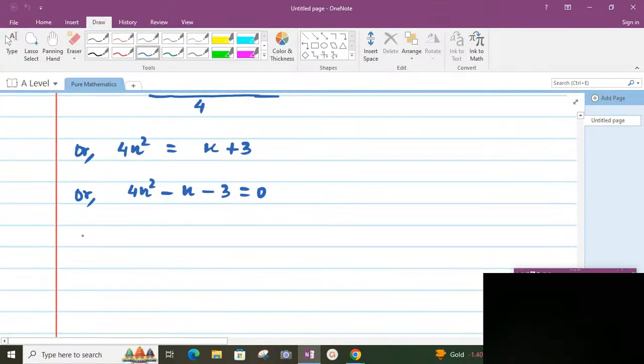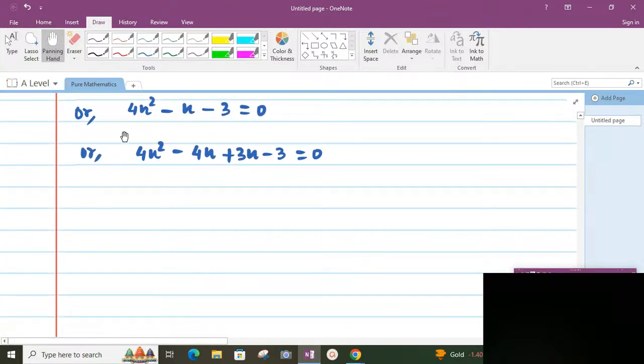let's see the next step here will be 4x square minus 4x plus 3x minus 3 equal to 0. Observe there is no problem to understand up to this step.